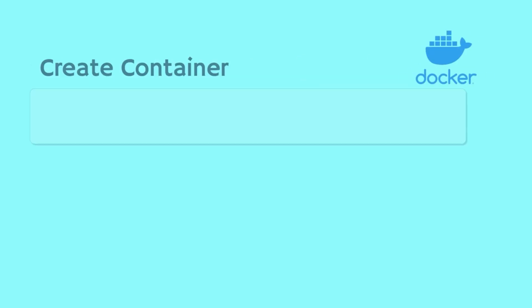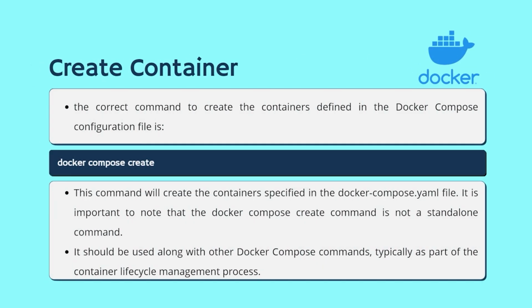The command to create the containers defined in the Docker Compose configuration file is docker compose create. This command will create the containers specified in the Docker Compose YAML file. It is important to note that the docker compose create command is not a standalone command. It should be used along with other Docker Compose commands, typically as part of the container lifecycle management process.